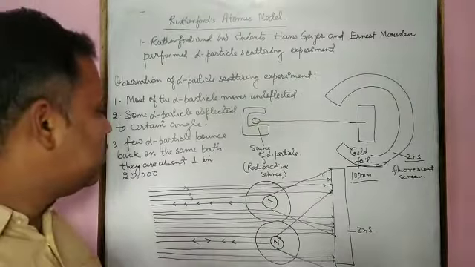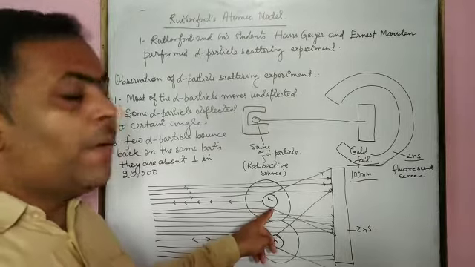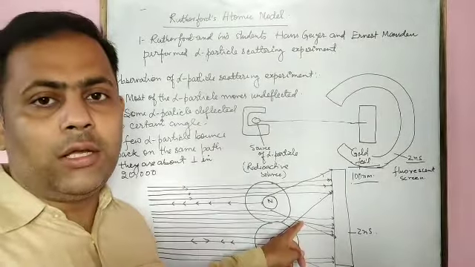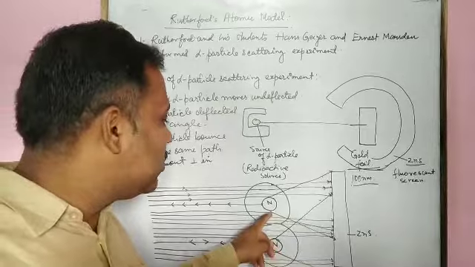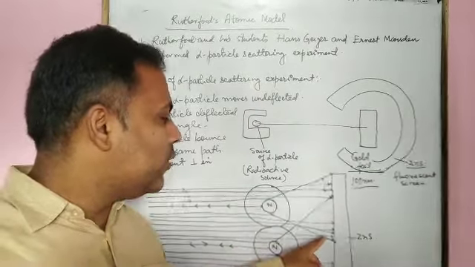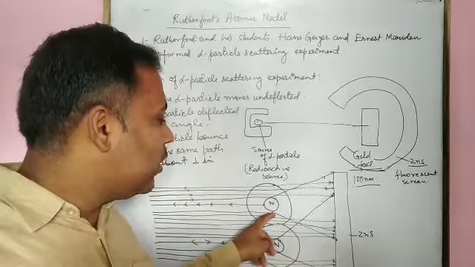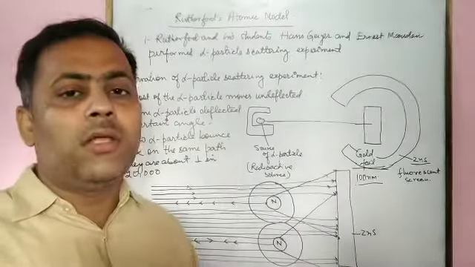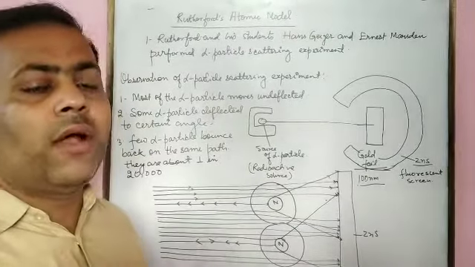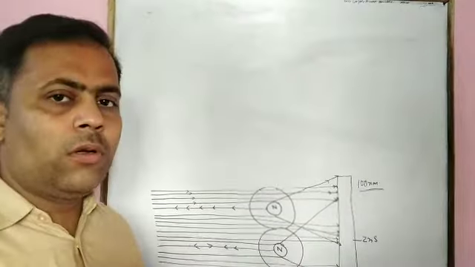Next, few alpha particles are deflected to a certain angle. This is so because they move near the positively charged nucleus. Therefore, they are deflected to a certain angle.